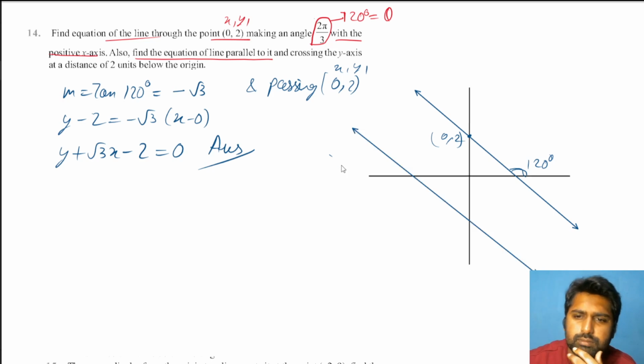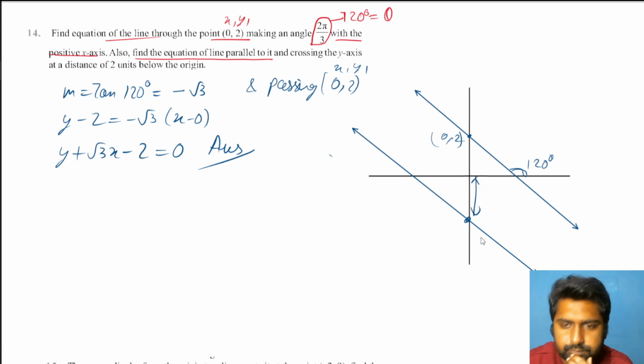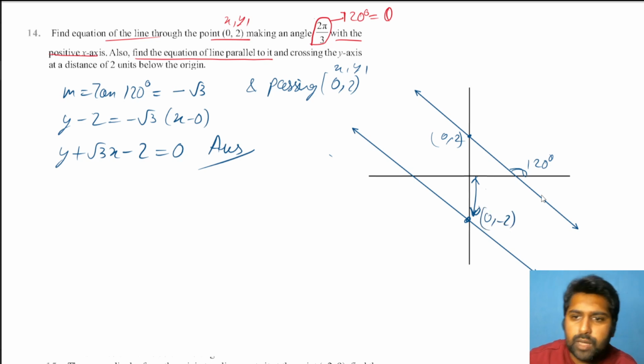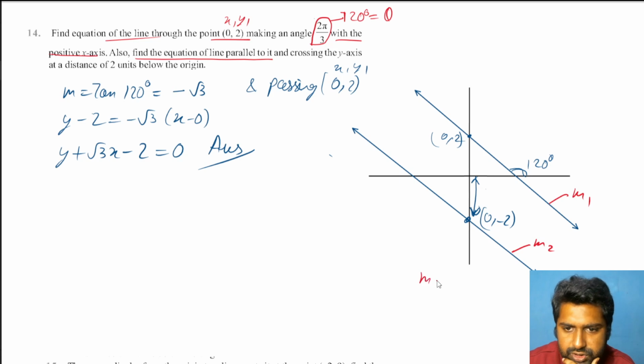Something like that. 2 units below origin, that's 0, minus 2. And if 2 lines are parallel, this has a slope, let's say m1, this has a slope, let's say m2. Both slopes should be same. m1 should be equal to m2 for parallel lines.